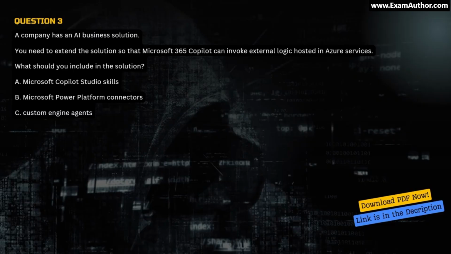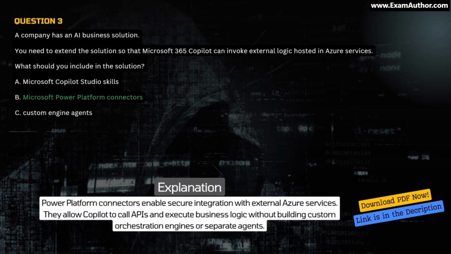C. Custom engine agents. Correct answer B. Microsoft Power Platform connectors. Explanation: Power Platform connectors enable secure integration with external Azure services. They allow Copilot to call APIs and execute business logic without building custom orchestration engines or separate agents.